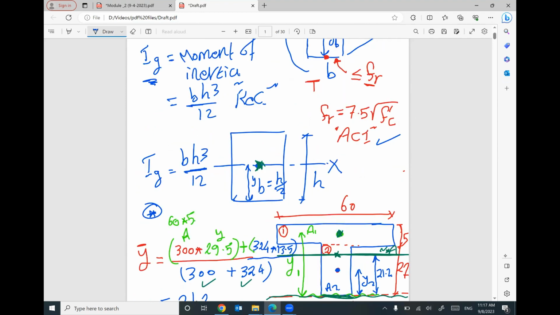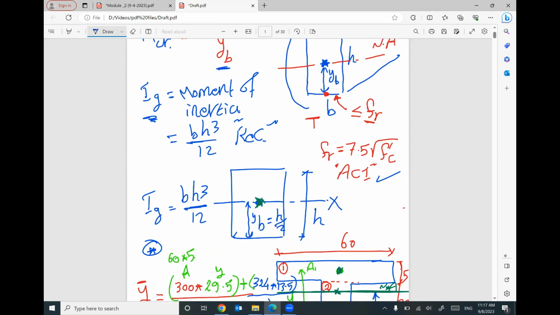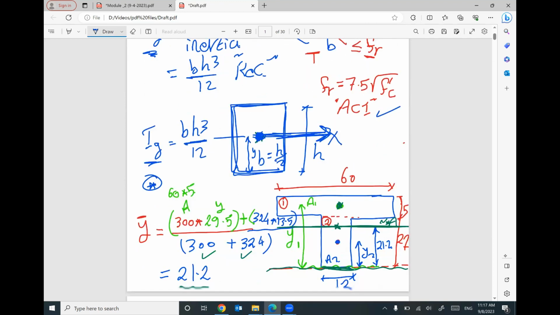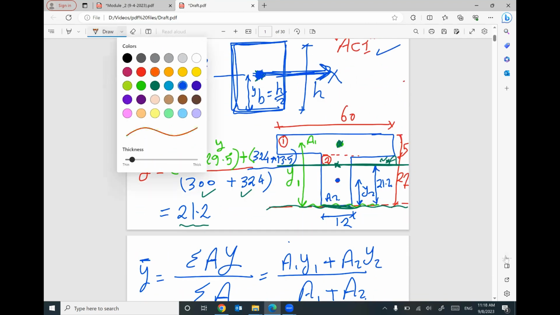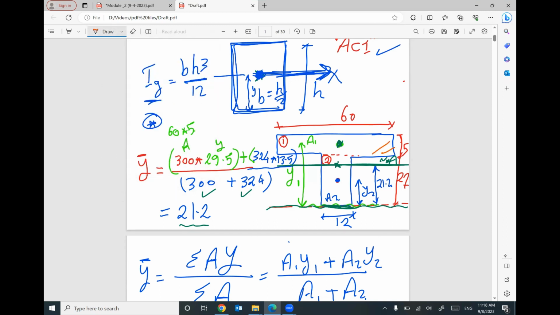In the example that we covered before, the x-axis passes through the centroid of this rectangle, so the value of I gross equals BH cube divide 12. That's it. But right now we have this part with this centroid.